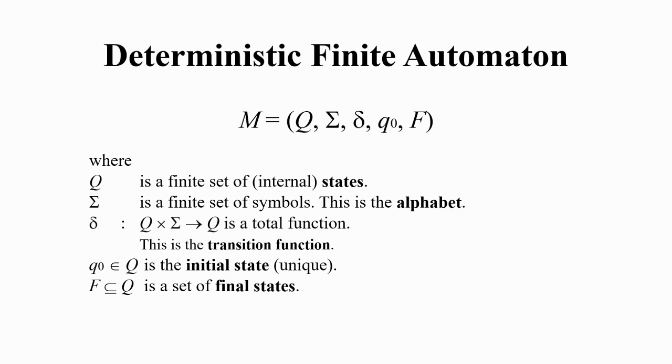A deterministic finite automaton is defined by the 5-tuple Q, sigma, delta, Q0, and F, where Q is a finite set of states, sigma is a finite set of symbols, that is the alphabet, delta is a total function from Q times sigma to Q, this is the transition function, Q0 is an element of Q, that is the initial state, and F is a subset of Q, a set of final states.